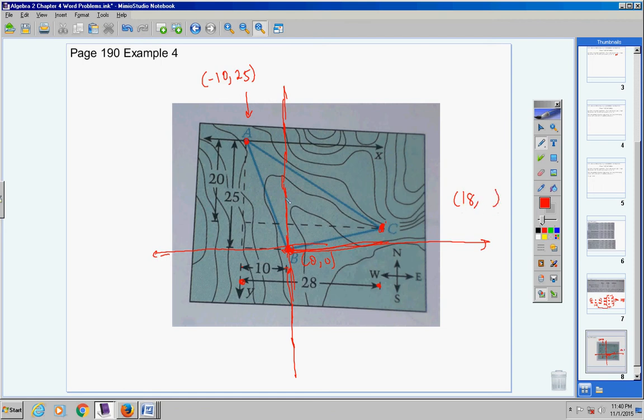Now, how high up is that point? I went over 10. How high up? Well, let's see, guys. From here all the way down is 25. But from here to here is 20. That means this little distance from here to here, which is, I know my line's not drawn very well, and I apologize, see if I can straighten it out just a little.